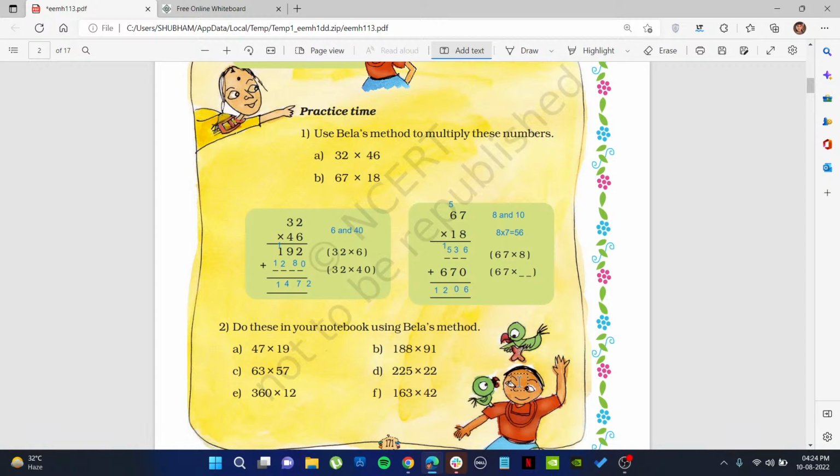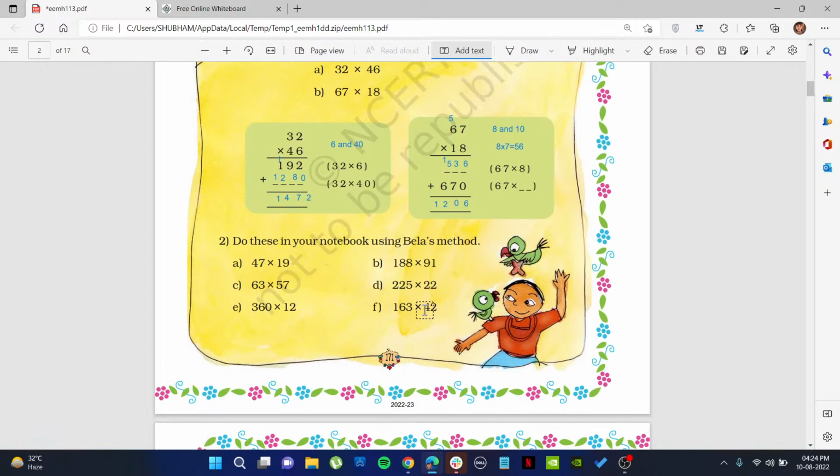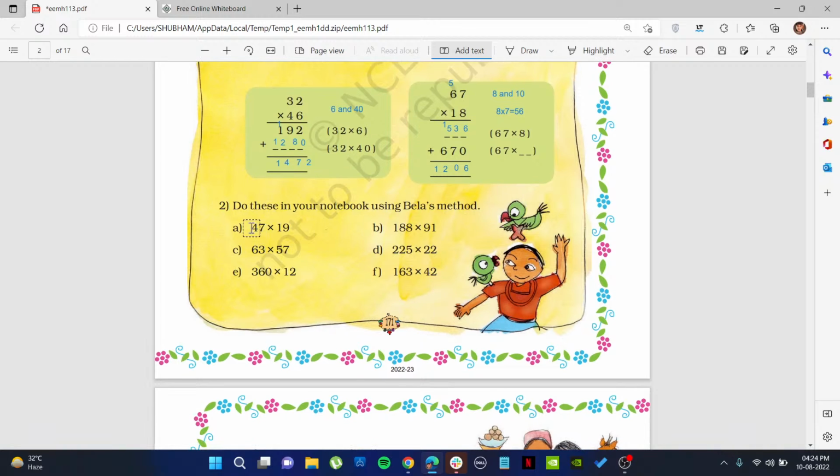Now let's try to solve question number 2. Here it says, do this in your notebook using Bela's method.